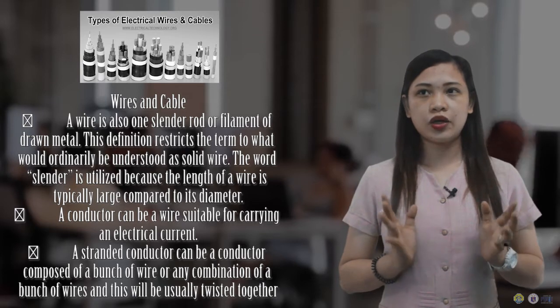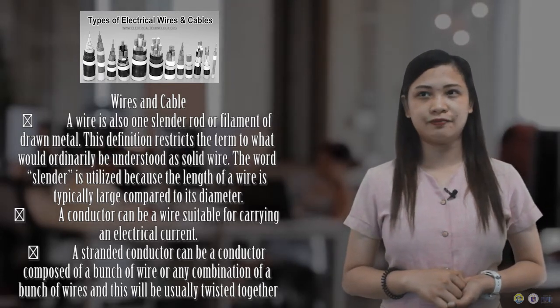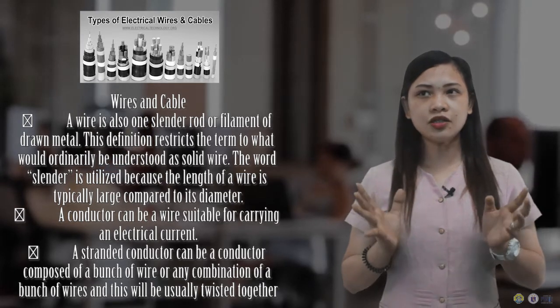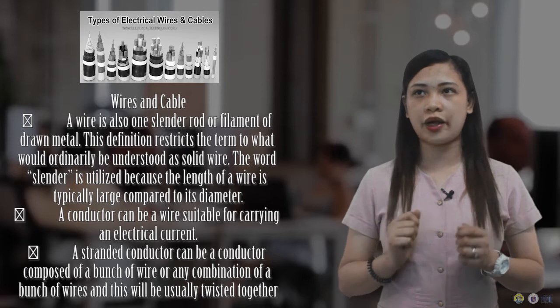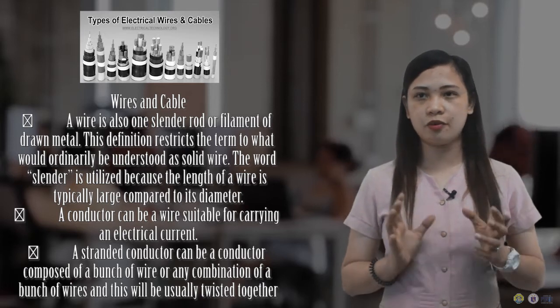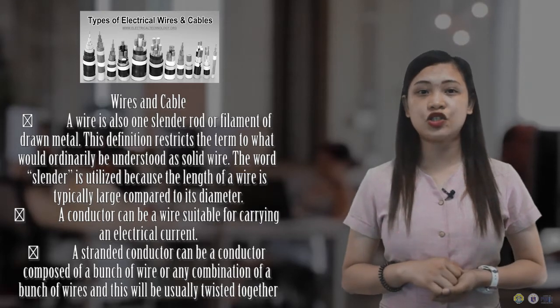A conductor is a wire suitable for carrying an electric current. A stranded conductor is a conductor composed of a bunch of wires, or any combination of a bunch of wires, usually twisted together.